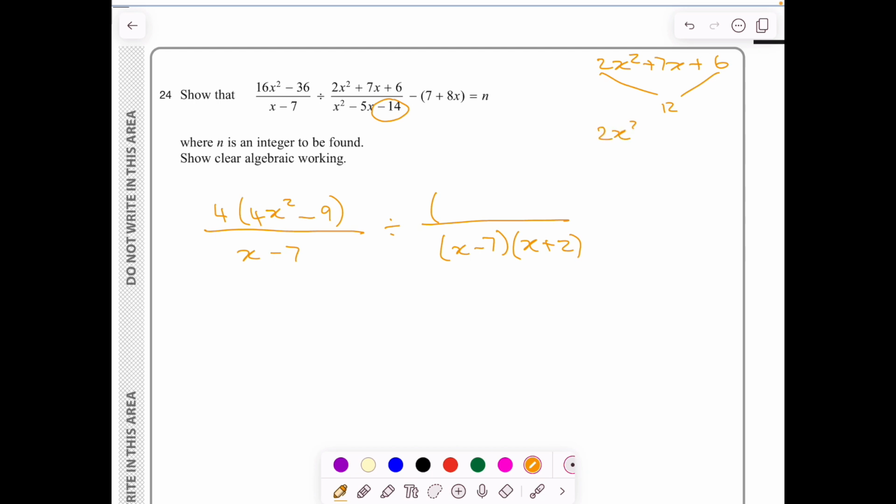So 2x squared plus 4x plus 3x plus 6. So I'm just rewriting this, but splitting the 7x into the two numbers I found. I factorise this side, so 2x, and then 2x again, 2x plus 2, plus 3.